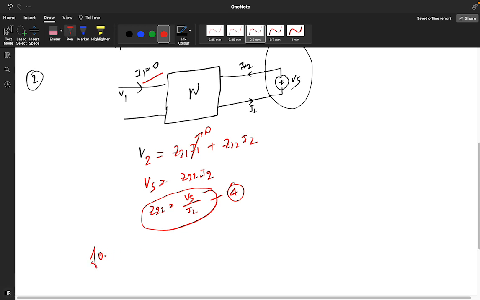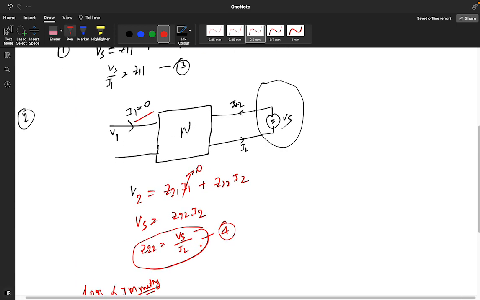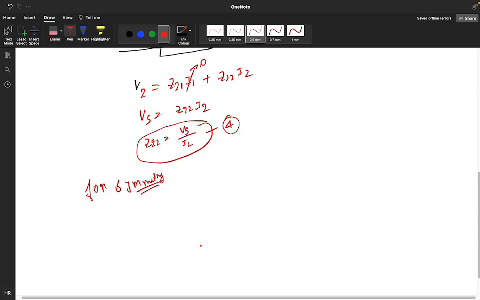So for the symmetricity condition, if equation 3 and equation 4 come out equal, then the network is symmetric. That means Vs upon I1 when I2 is equal to 0 is equal to Vs upon I2 when I1 is equal to 0.